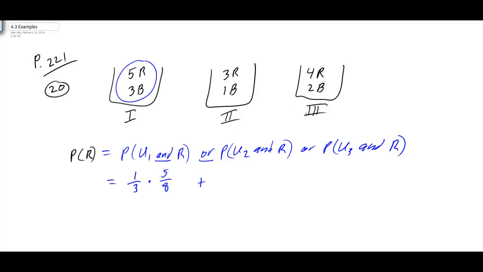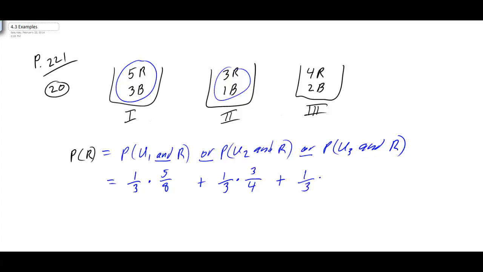Once again, there's 3, so the probability there is 1/3 if we randomly select one of these urns. And then the probability that we draw a red ball: here there's 3 and 1, so there's a total of 4, and 3 of them are red, so that means 3/4. Or the probability of urn 3, which again is 1 out of 3.